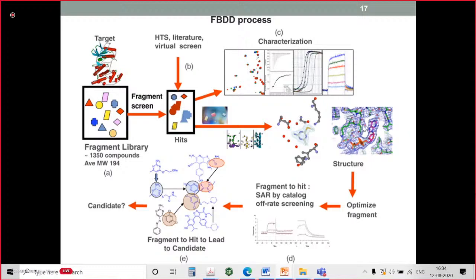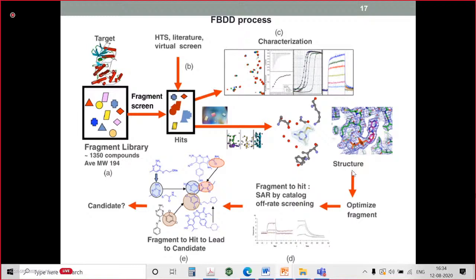Later on, those are linked together to find the particular structure. These structures are optimized to get a better binding affinity or better dissociation constant.